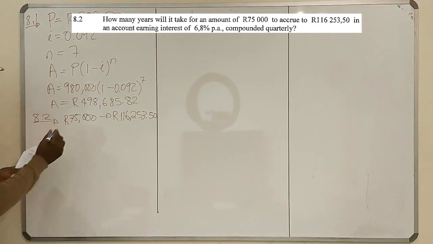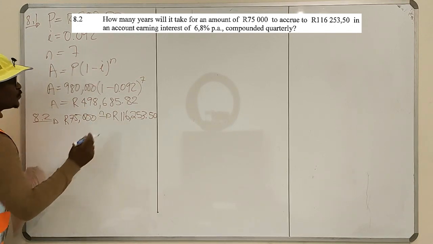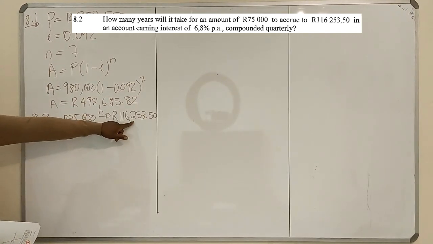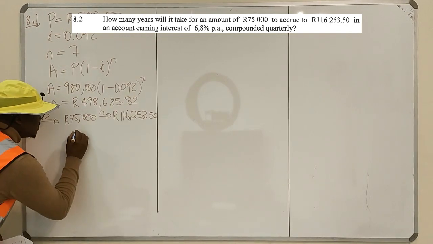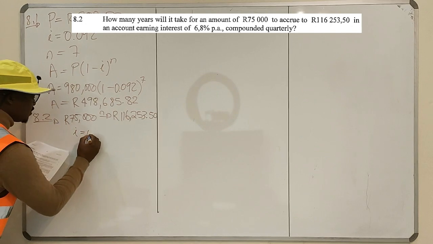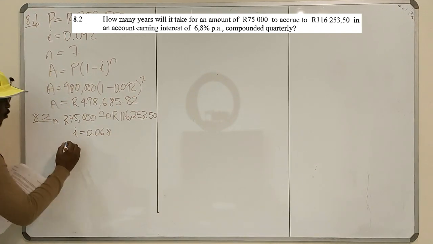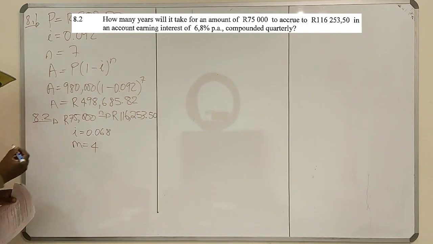They're asking the number of years this amount will take to move from 75,000 to 116,253 rand 50 cents. So this will be a one-time deposit, right? And the interest we are told is 0.068, compounded quarterly, 4 quarters in a year.